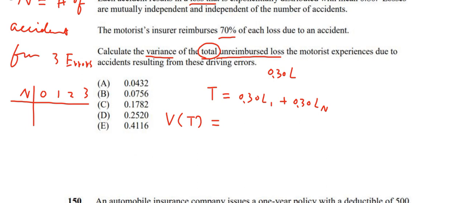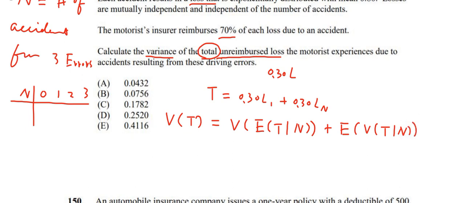Let's say Vt equal VE and EV. So VE of ET given the fixed n, plus EV of T. Okay, so regard n as constant.